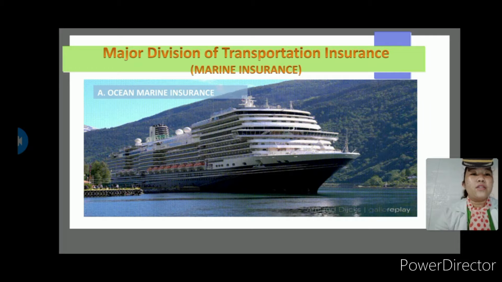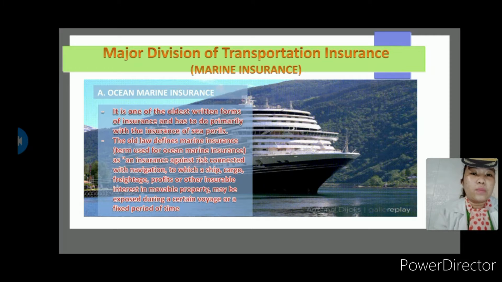Okay, so we have major divisions of transportation insurance or the marine insurance. We have two actually. First, we have the ocean marine insurance. So when we say ocean marine insurance, it is one of the oldest written forms of insurance and has to do primarily with the insurance of sea perils.